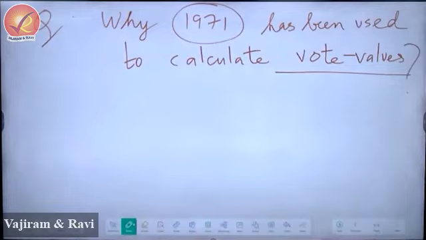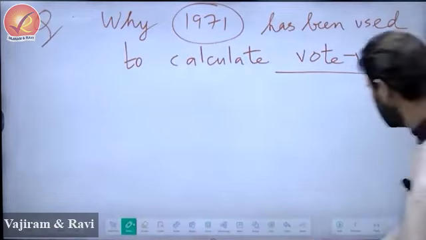Write down. As per 84th CAA 2001. Who was the PM? Yeah. Who was the PM, all of you? Atal Bihari Vajpayee.